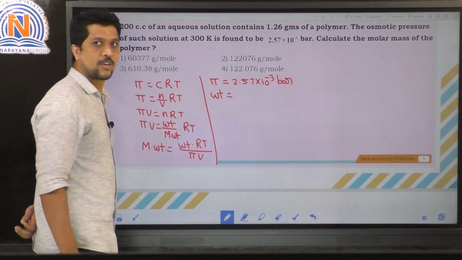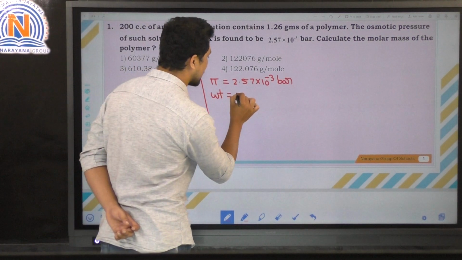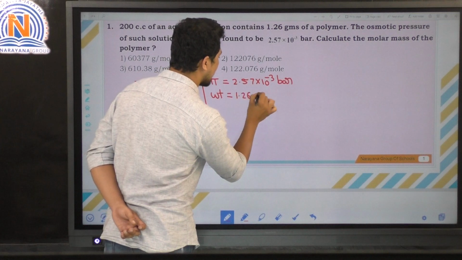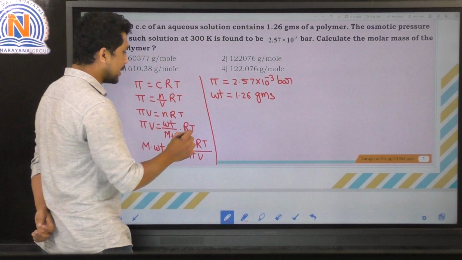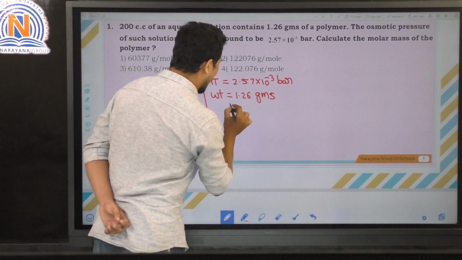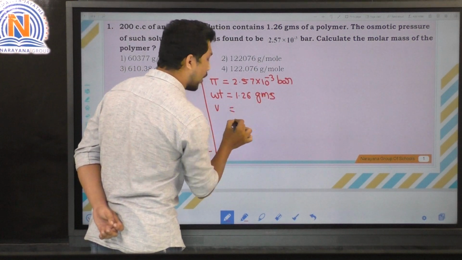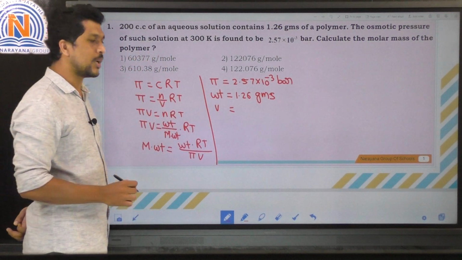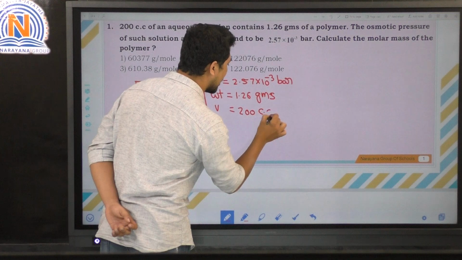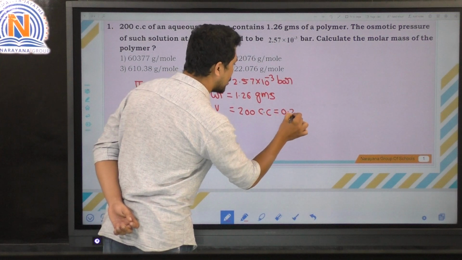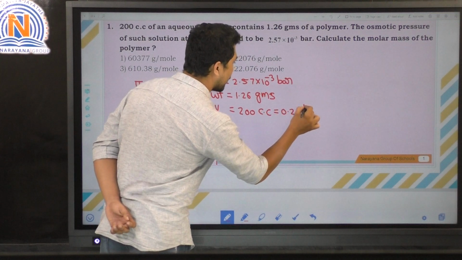Weight of that polymer equal to 1.26 grams. And volume of the solution. Volume of the solution is 200 cubic centimeter, that is equal to 0.2 liters.